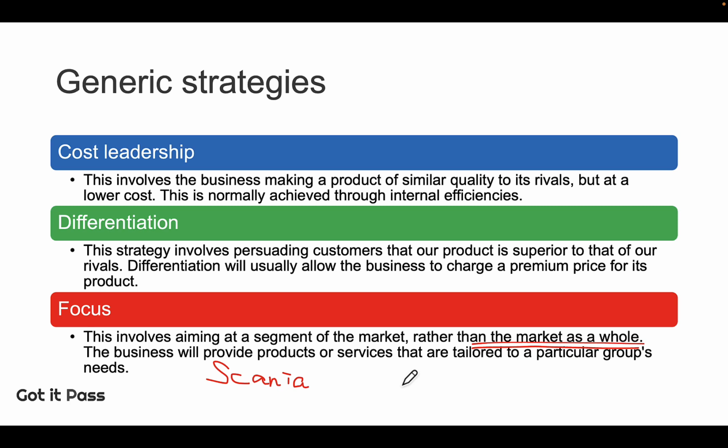Porter also argued that if an organization fails to determine what strategy, then it's just stuck in the middle. It means that it has no cost leadership advantage, the product cannot be differentiated from its competitors, and no focus, which is not an ideal situation for firms to compete in the market.